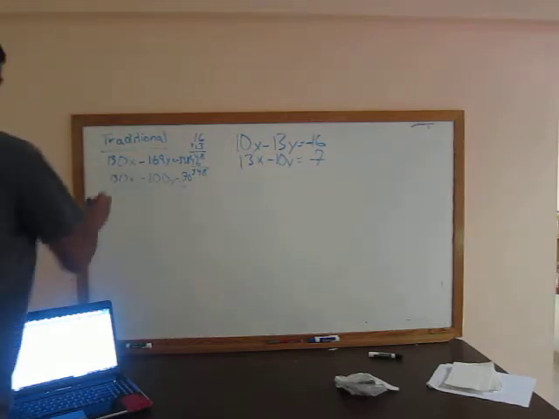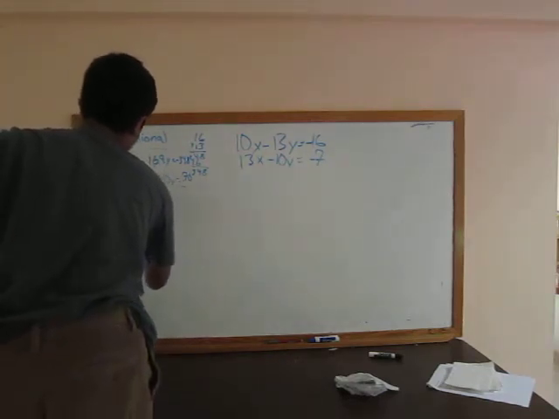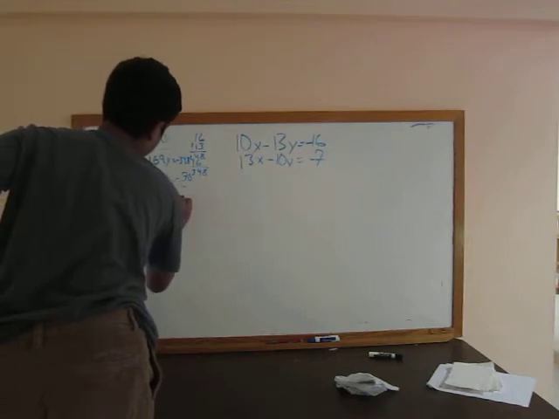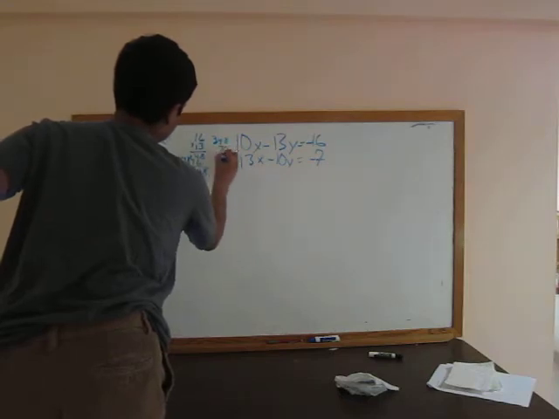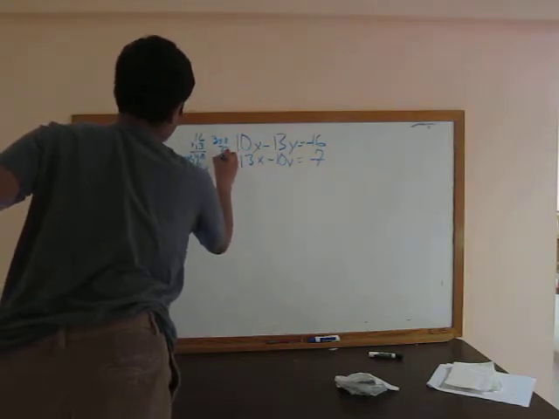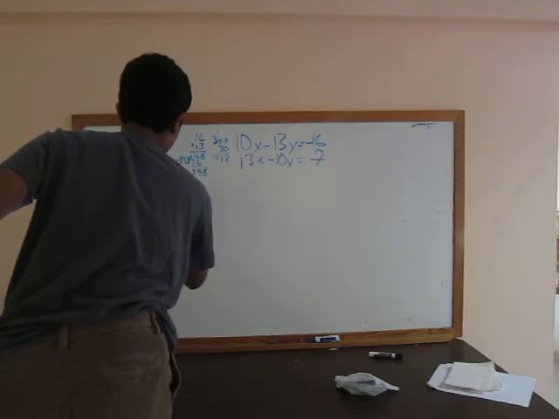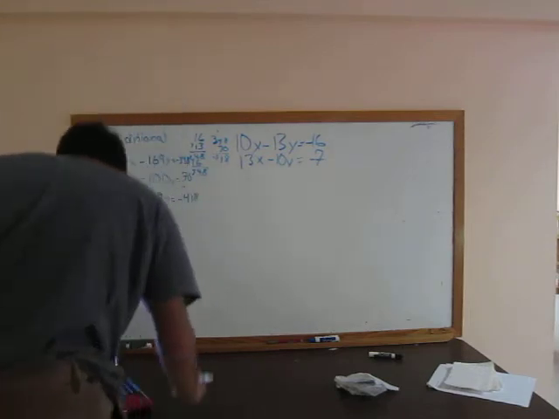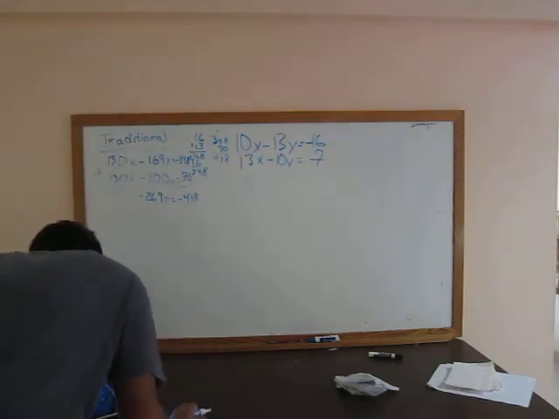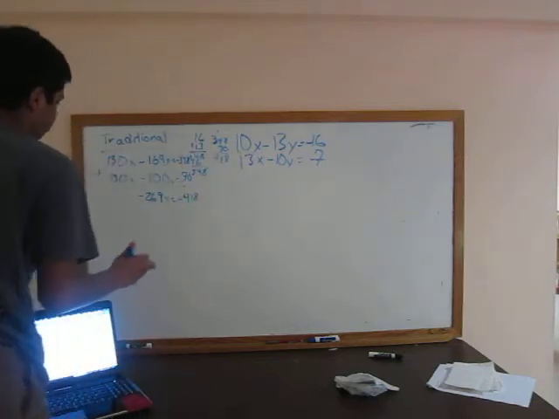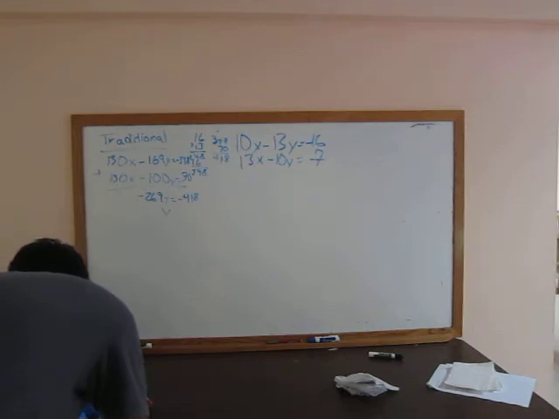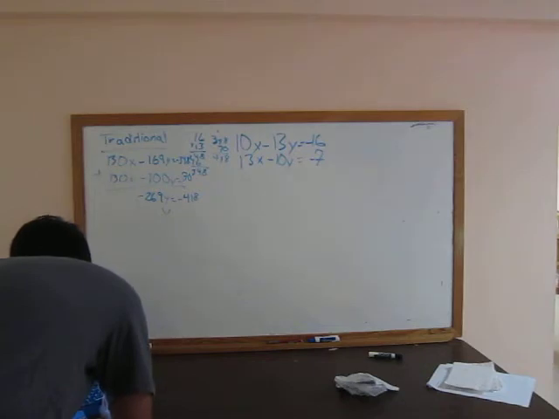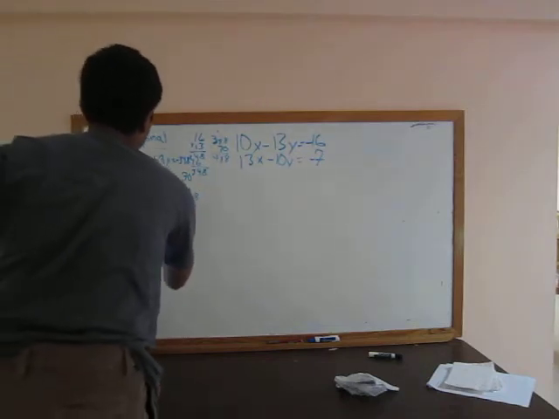So I add those two equations. So I get negative 269y equals negative 418... that is 2.